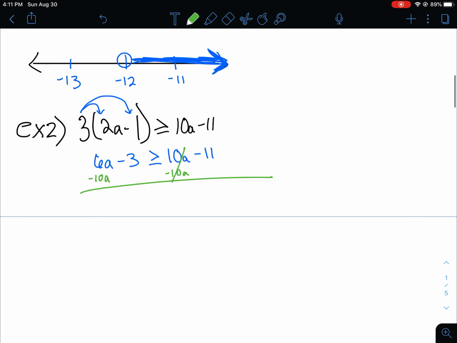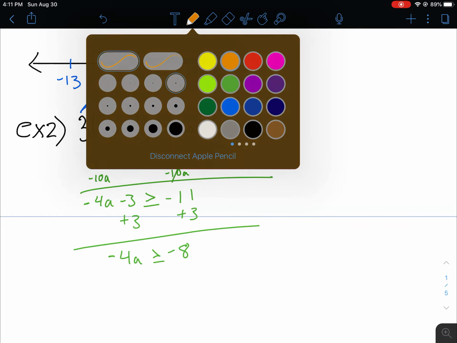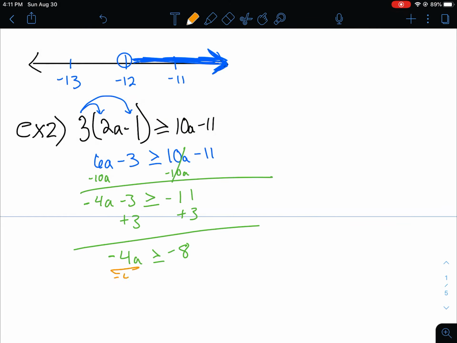And that will leave me with 4a minus 3 is greater than or equal to -11. I'm going to add 3 to both sides. So now I have 4a is greater than or equal to -8. And then my last step here is going to be dividing by -4.